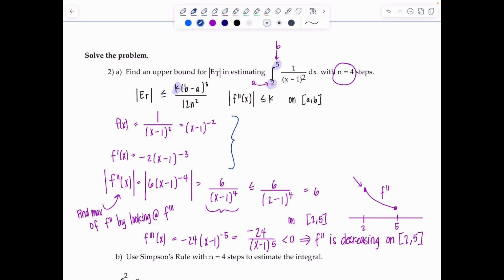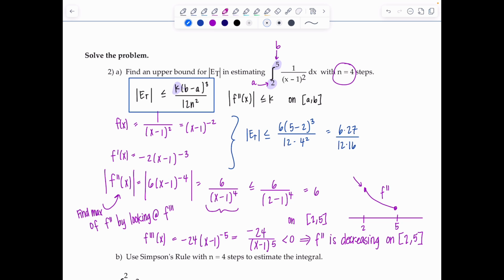So I'm just going to use this formula right here. Don't fret. Error from trapezoidal rule is less than or equal to k, which is 6, times b minus a, so 5 minus 2 cubed, over 12 times n, which is 4 squared. So then this is 6 times 27 over 12 times 16.